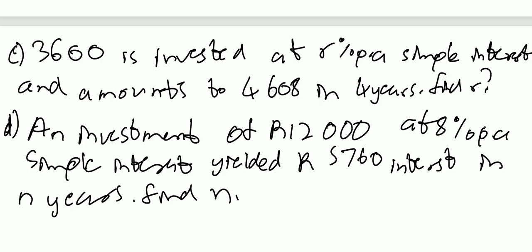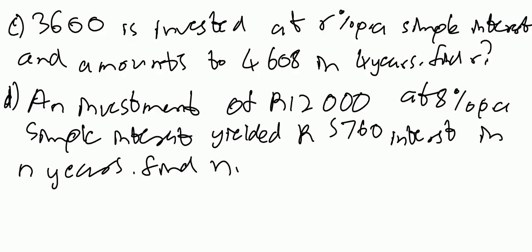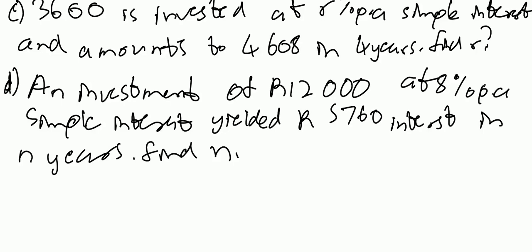Number C. $3,600 is invested at R% per annum, simple interest, and amounts to 4,608 in 4 years. Find the R. So let's tackle the question.